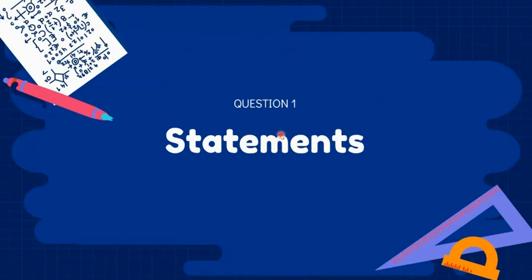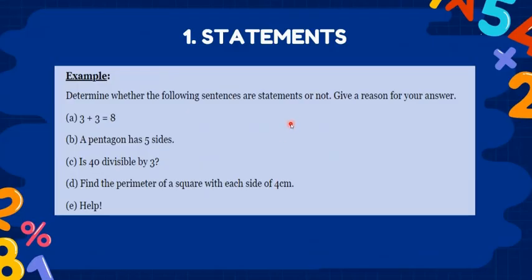All right. So the first one, question one, is about statements. For this question, we have five sub-questions, and the general question is: determine whether the following sentences are statements or not. Give a reason for your answer. The first sub-question is A, 3 plus 3 equals 8.